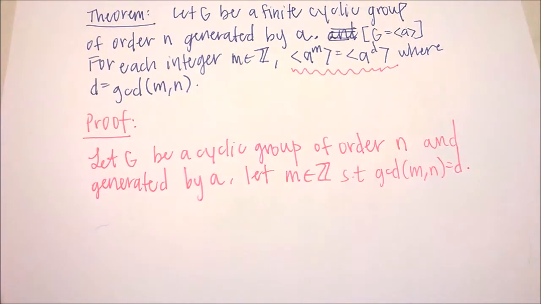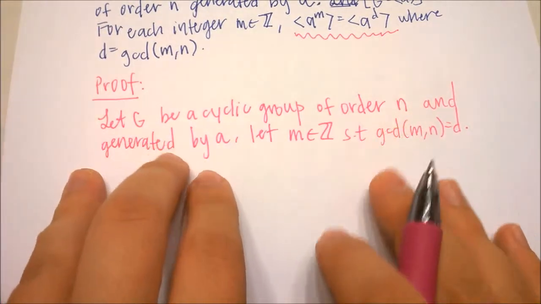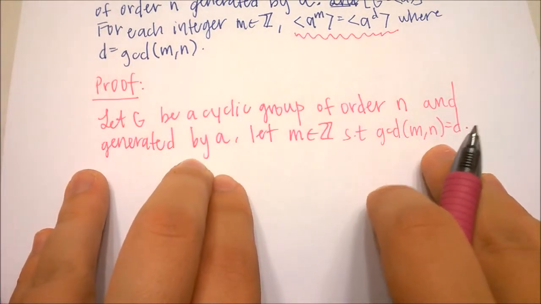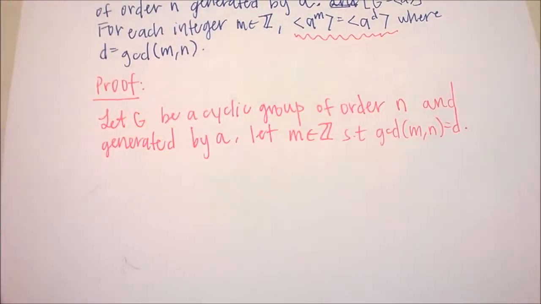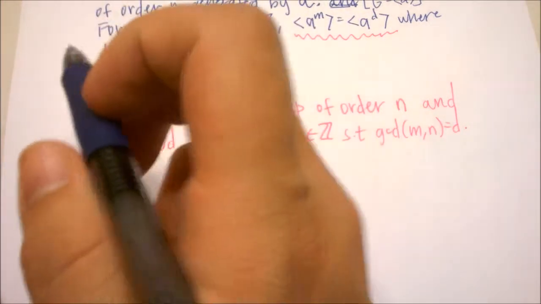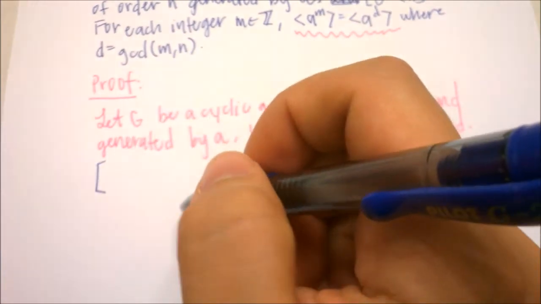If you're ever starting a proof, just go ahead and write down what you're given. Then you can see, okay, I've got the order of G is n, I know the GCD of m and n is d, and I'm trying to prove an equality. Whenever you're trying to prove an equality, something you can always try and almost always works is element chasing.